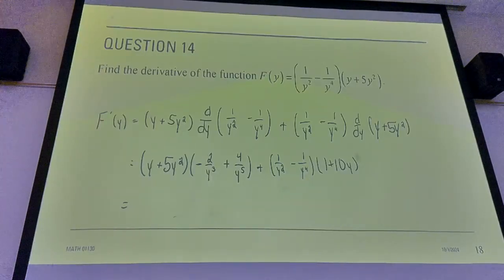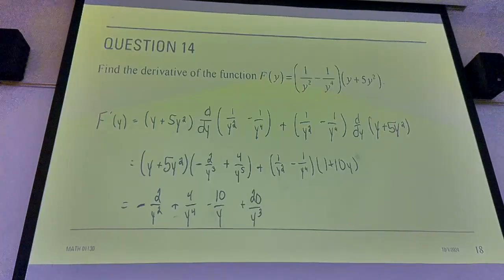That's negative 2 over y squared plus 4 over y to the fourth minus 10 over y plus 20 over y cubed plus 10 over y squared plus 10 over y. Oh, that's nice. Minus 1 over y to the fourth minus 40 over y cubed.